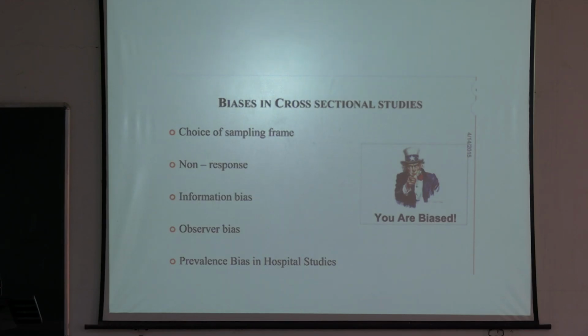Anyway, the biases in cross-sectional studies: first, your choice of sampling frame, how you have taken the choice of the people. I'll give you an example. If you want to do a study on the health problems of a block in Birbhum district, you go to one village and take a sample. Good enough?